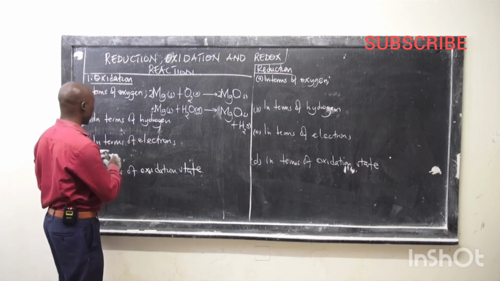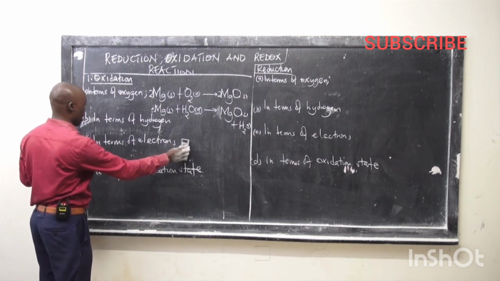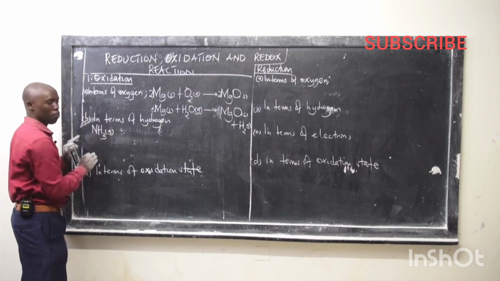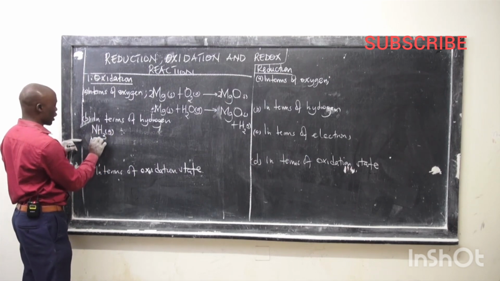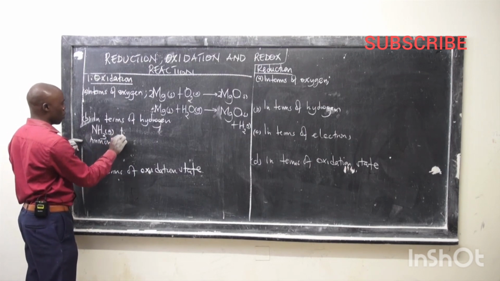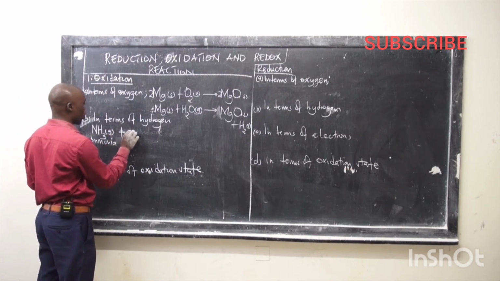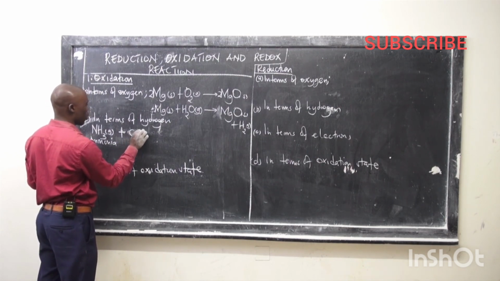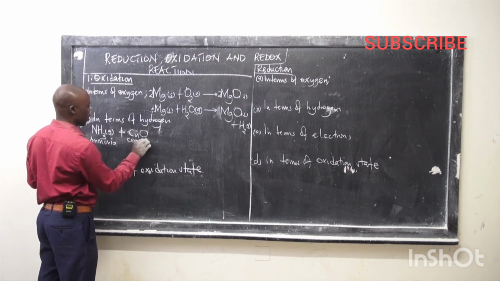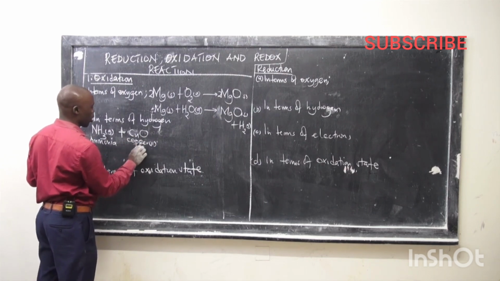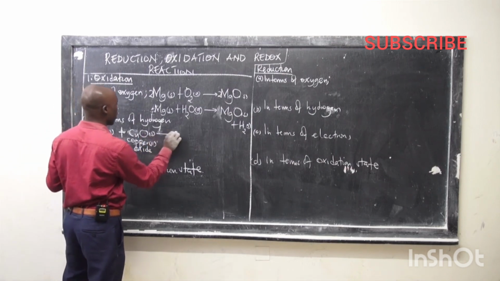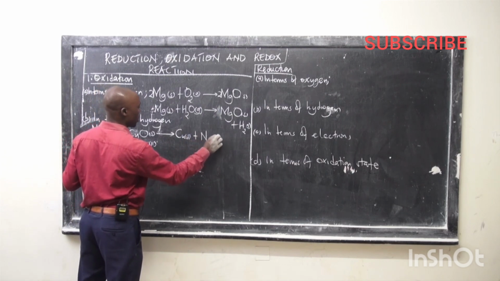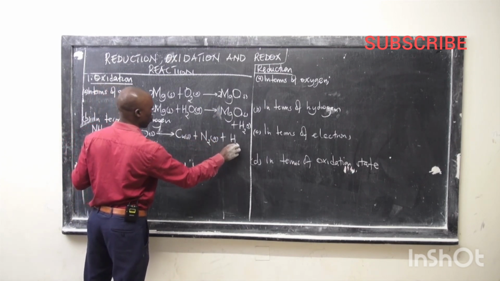We can have a reaction of ammonia, NH3, ammonia gas, plus copper(II) oxide, we shall actually get copper metal plus nitrogen plus water.